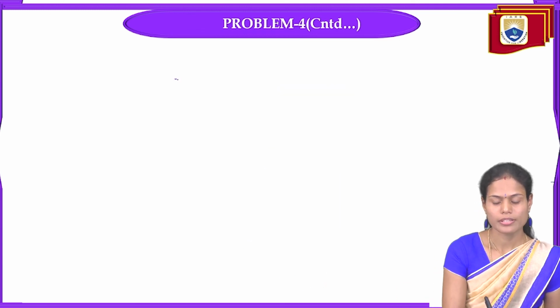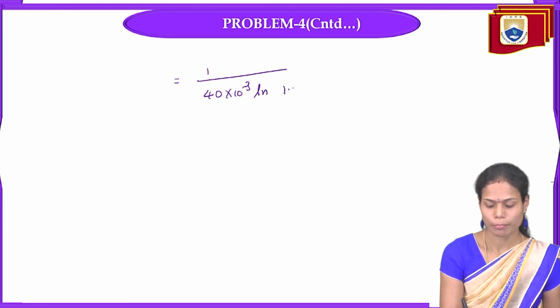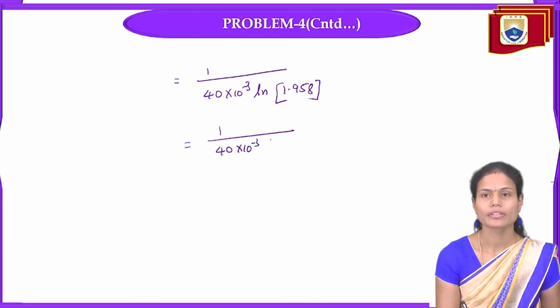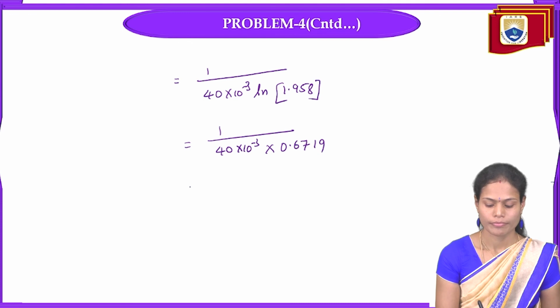If we simplify this, we will get 1 by 40 into 10 power minus 3 ln 1.958. The ln 1.958 value is 0.6719.